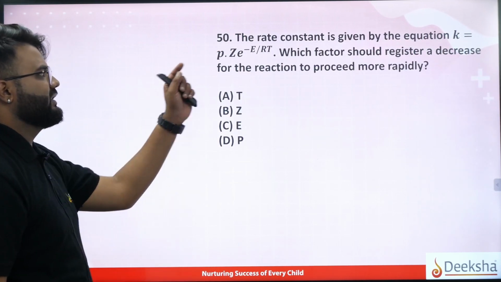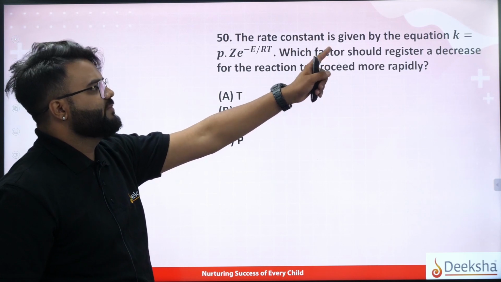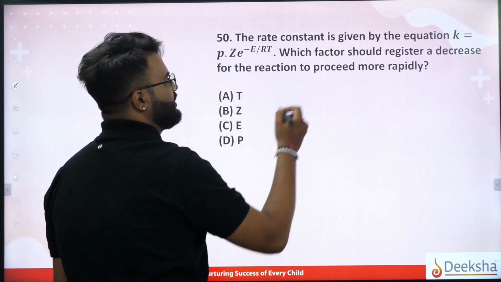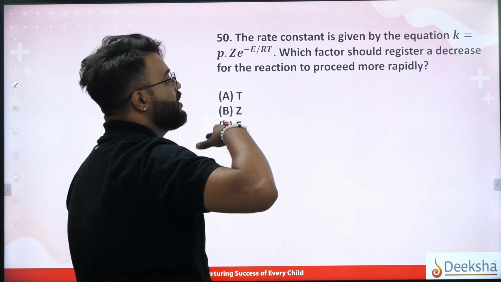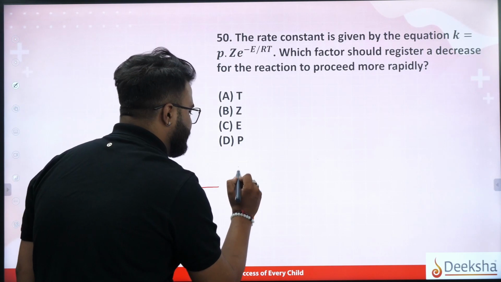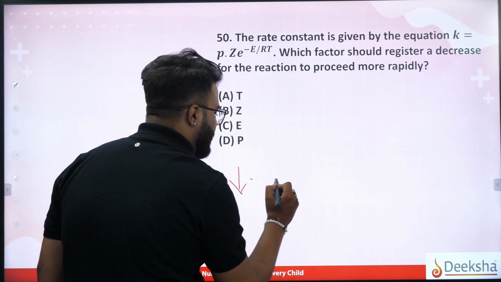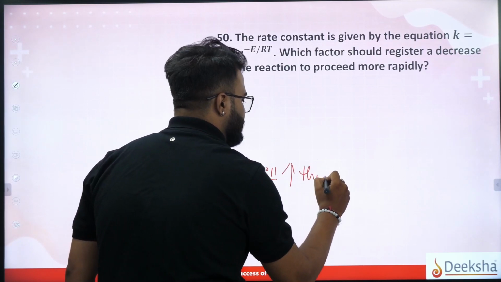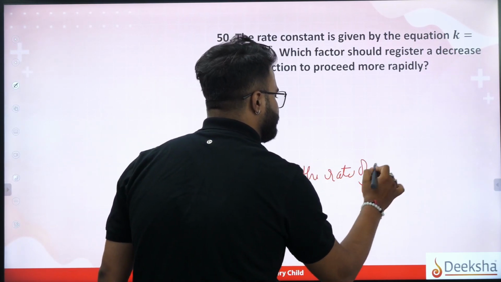Question number 50, the rate constant is given by the equation K, that is the Arrhenius equation. Which factor, if it decreases, will increase the rate of the reaction?